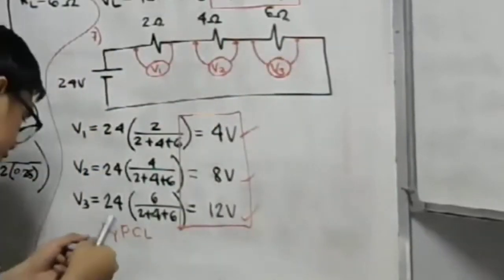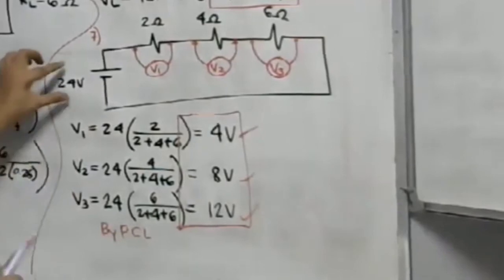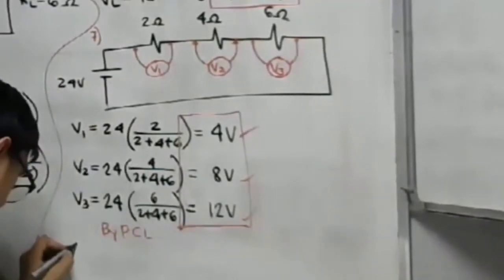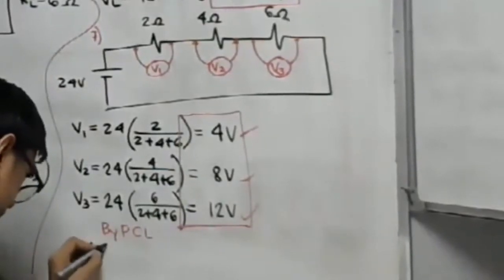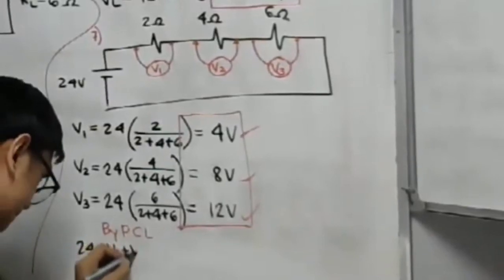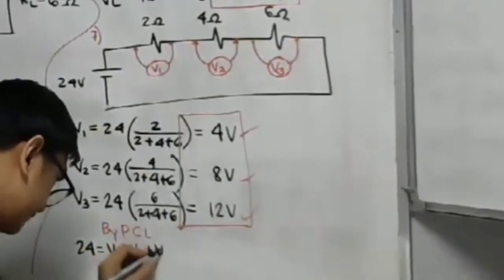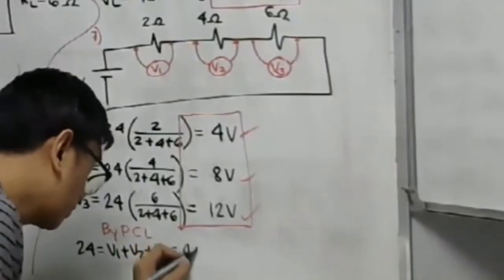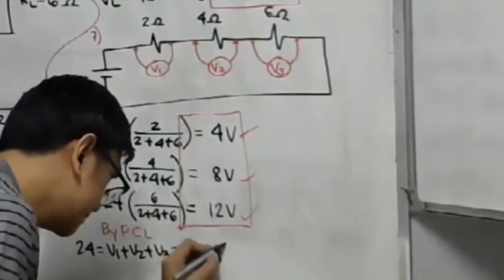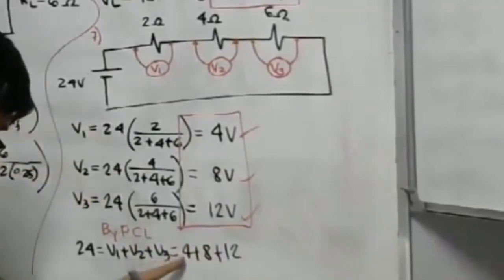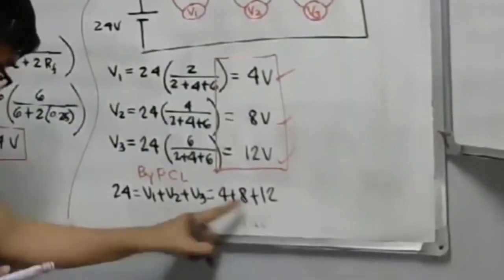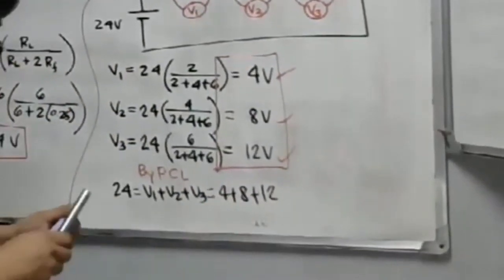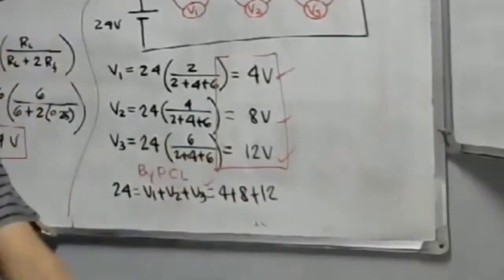So we have here 24, which is equal to V1 plus V2 plus V sub 3, or simply 4 plus 8 plus 12. 4 plus 8 is 12, plus 12 is 24. Yes, therefore, it is checked.